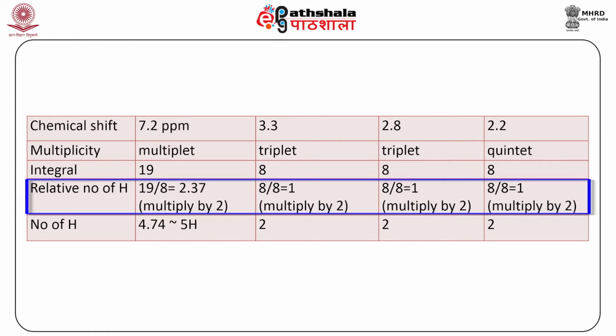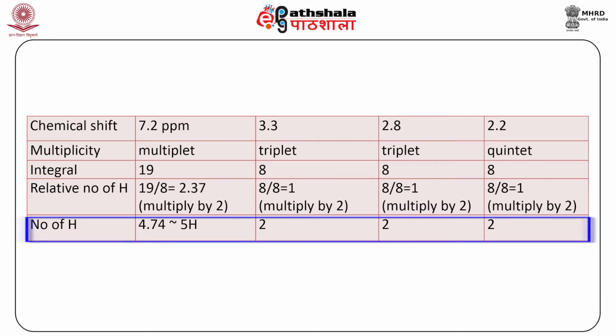Hence, 19 divided by 8 is 2.37, and 8 by 8 is 1, 8 by 8 is 1, and 8 by 8 is 1. To bring 2.37 to a figure of actual hydrogen atoms, we multiply by 2, and what we get is 5 protons, 2, 2 and 2.